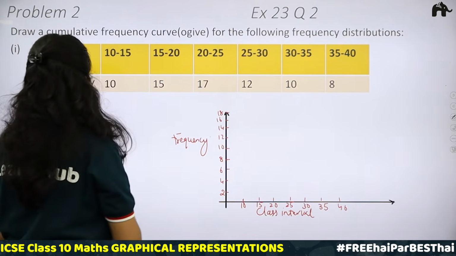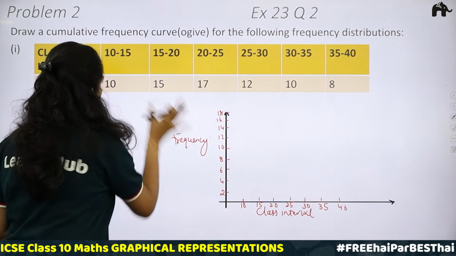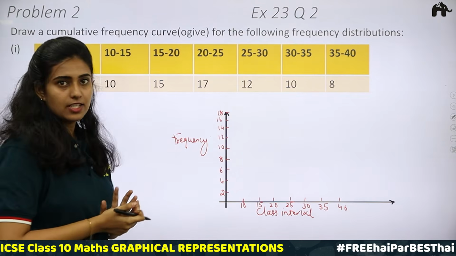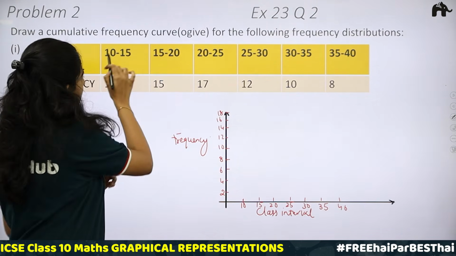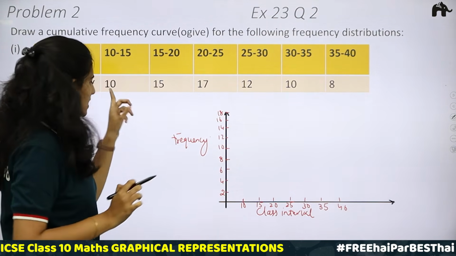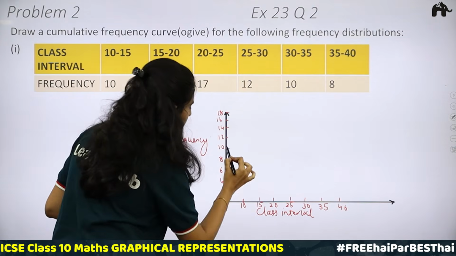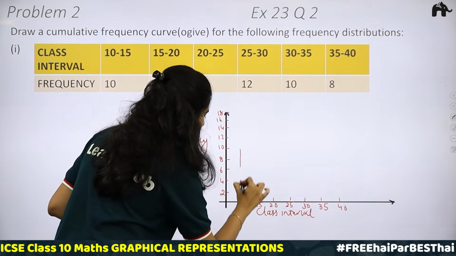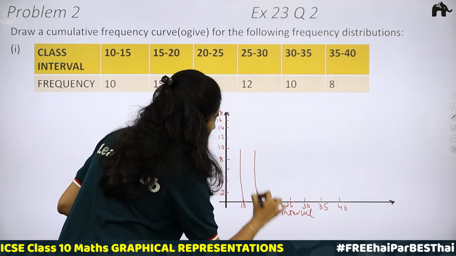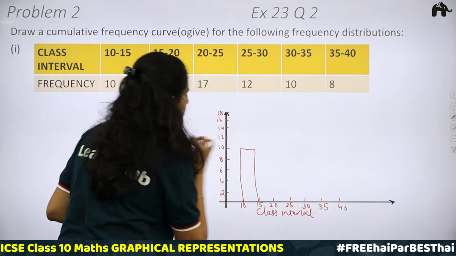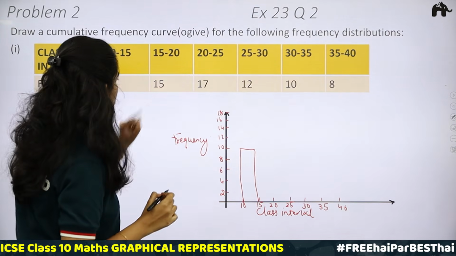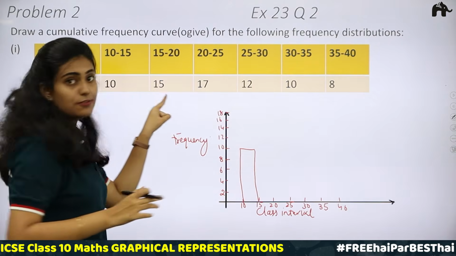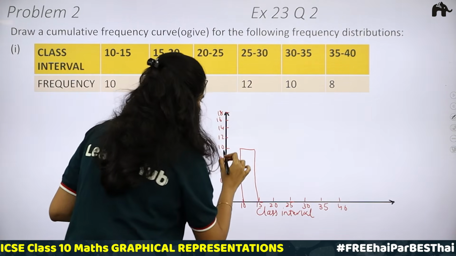Now, let us take the values. Here, first we will be constructing a histogram. For 10 to 15, the frequency is 10. So, this is how it looks. We are making the histogram. Next, 15 to 20, it is 15. Where do we have 15?